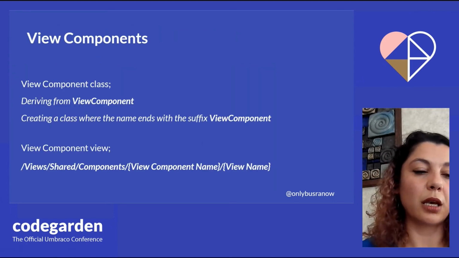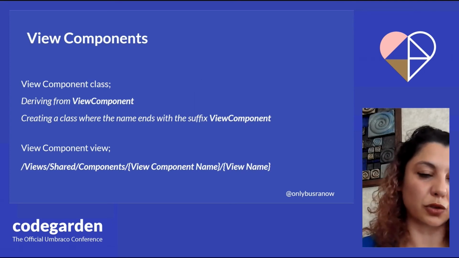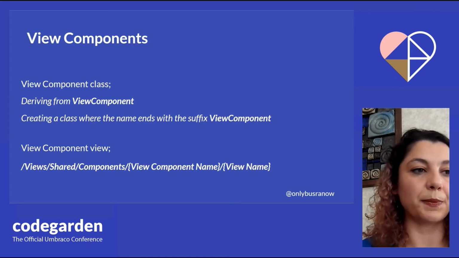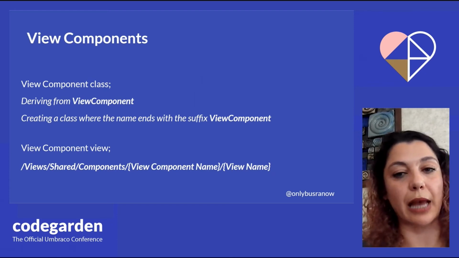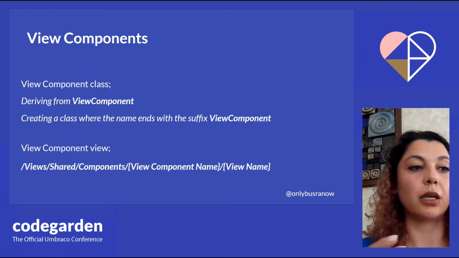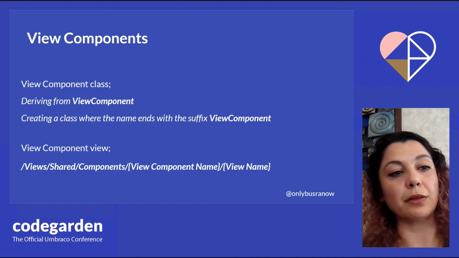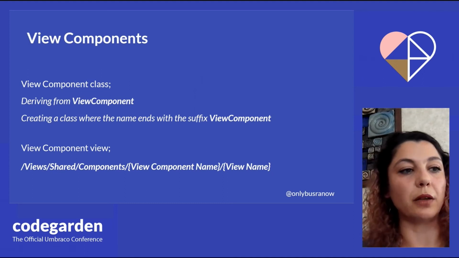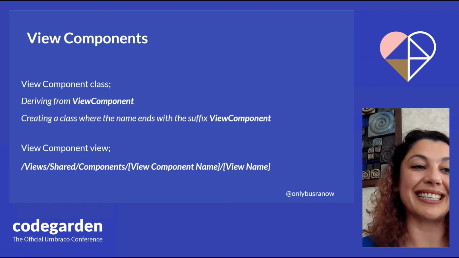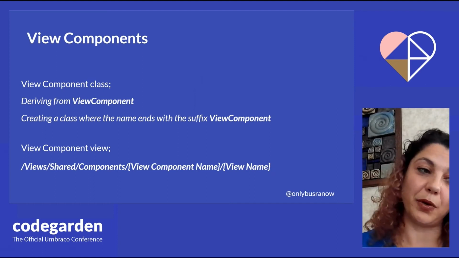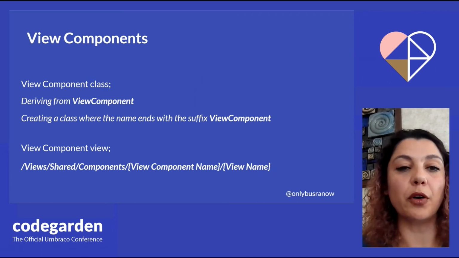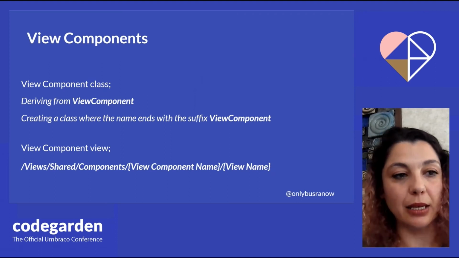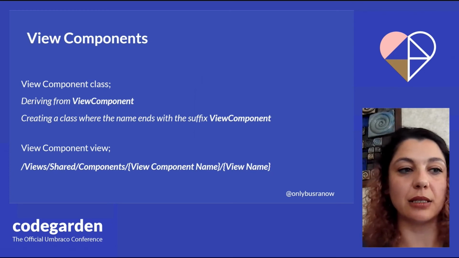View components can be created either by deriving from ViewComponent, or decorating the class with the ViewComponent attribute, or deriving from a class with the ViewComponent attribute as well. Or by creating a class where the name ends with the suffix of ViewComponent. And like controllers, view components must be public, non-nested, and non-abstract classes.